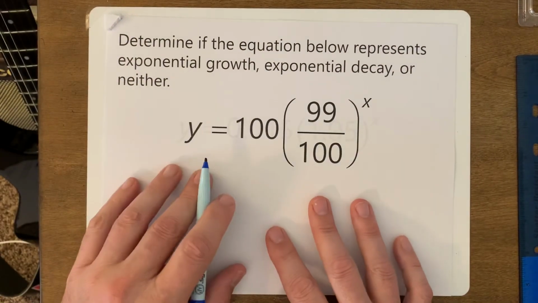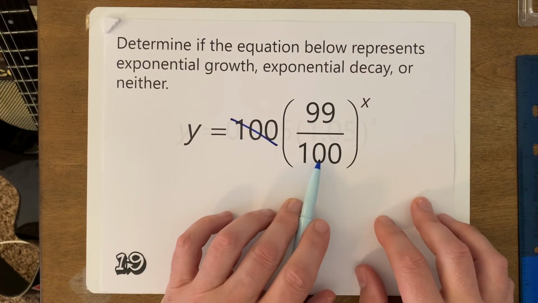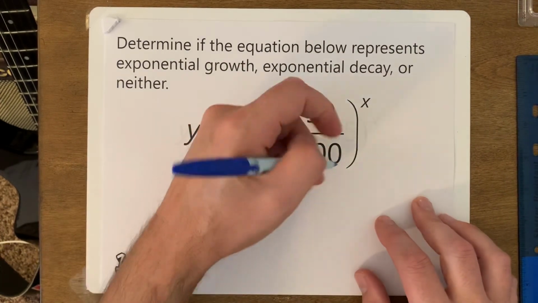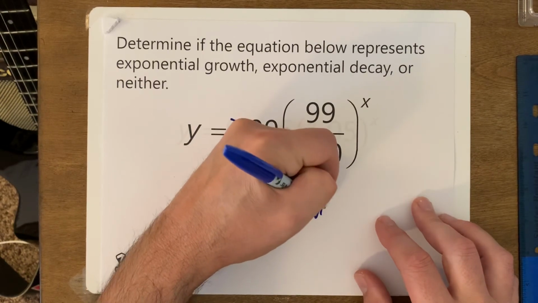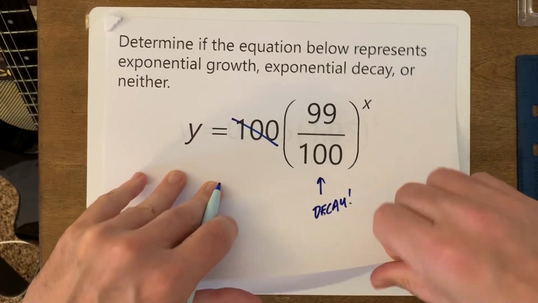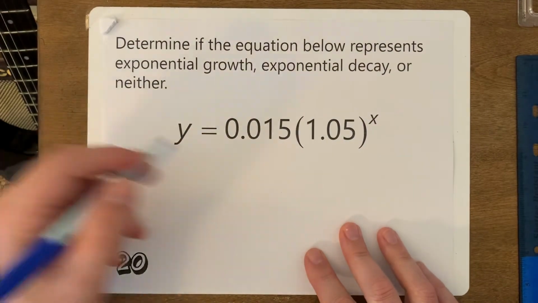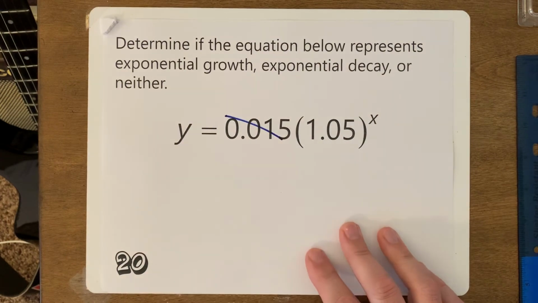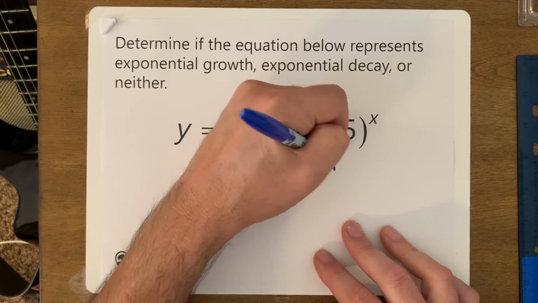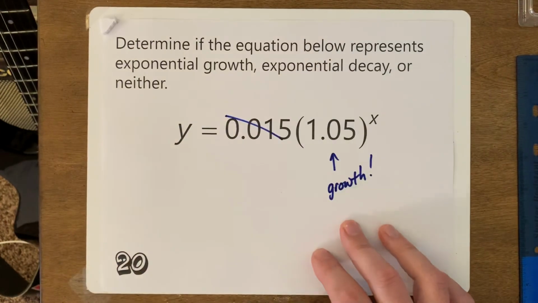Okay, this one, again, not worried about that. 99/100 is a little bit less than 1, and so that's going to be decay. And then our last one, not worried about this. 1.05 is a little bit bigger than 1, and that's going to be growth. And there you go.